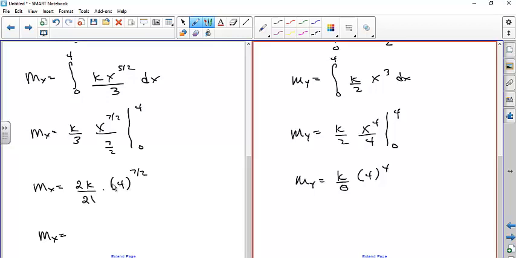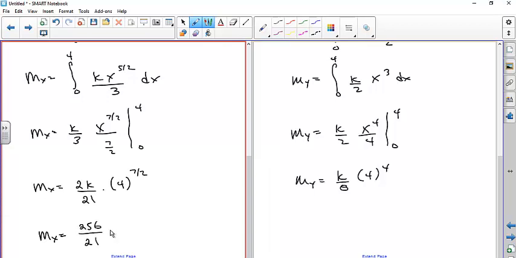Get my calculator out. Okay, 4 to the 7/2, 128. So we get 128 times 2, which is 256 over 21. Is that right? Okay, yeah, 256 over 21.